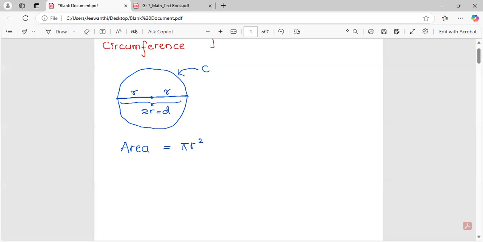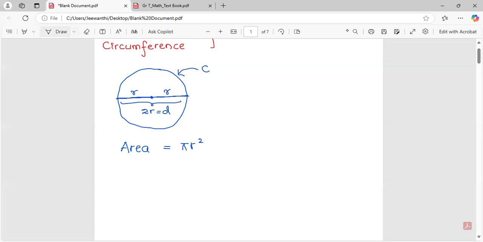Later, when you move to grade 9 onwards, especially in the Edexcel curriculum, we discuss this π and whether it is a rational or irrational number. You will have further discussions about this π. But for the time being, keep in mind that π is a mathematical symbol we use to calculate the area and circumference of a circle.